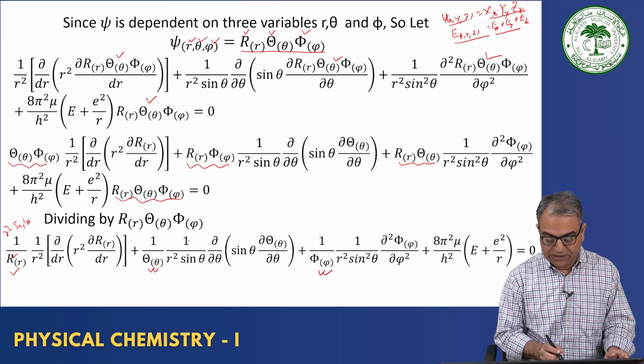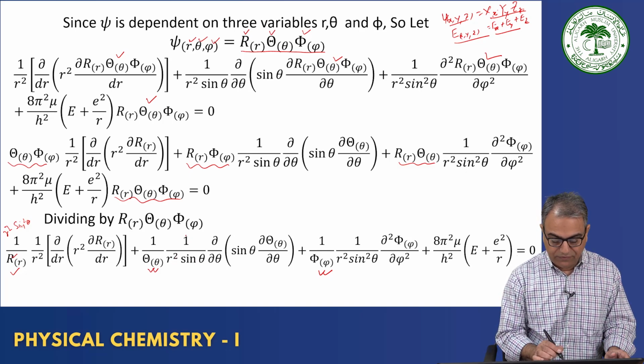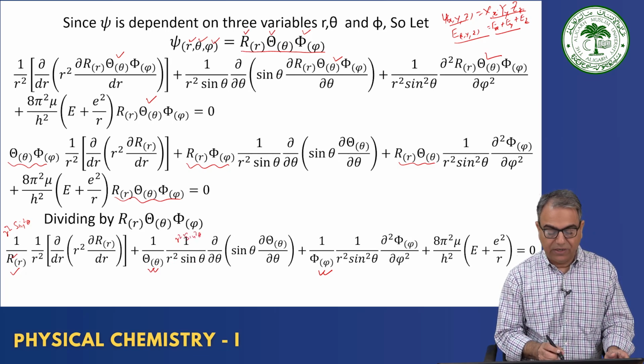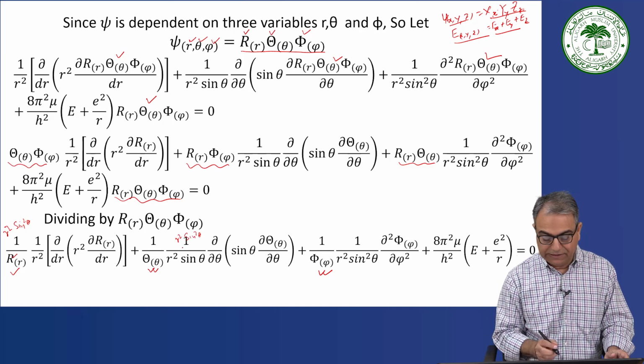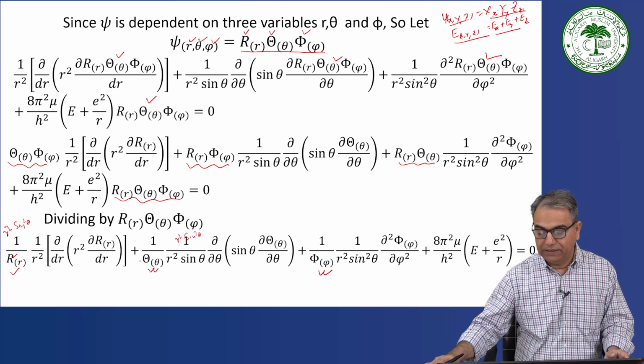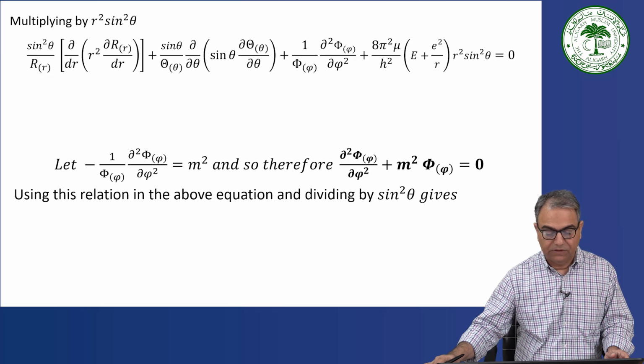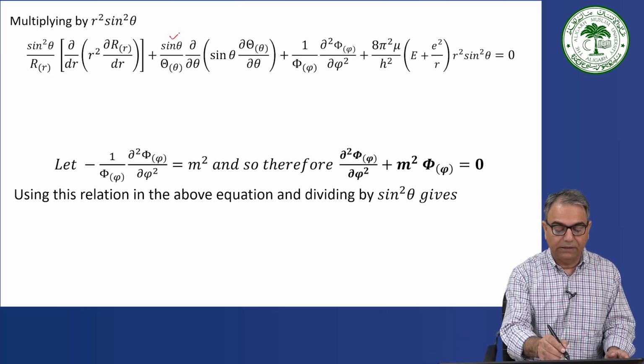Here, if you multiply by r square sin square theta, this r square and this r square will go, and you will have sin theta only, sin theta divided by Theta, Theta.